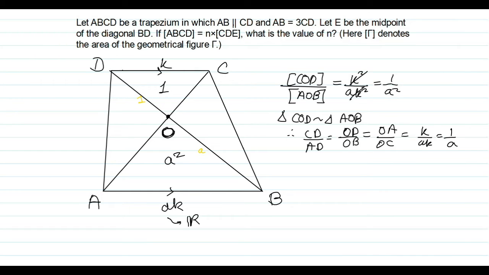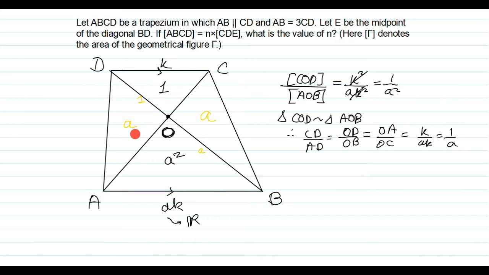So the area of triangle COB would also be A. And by the same logic, the area of triangle DOA would also be A. The base CA of this triangle has been divided in the ratio CO is to OA, which from our similarity criteria is again 1 is to A. Therefore, the areas of COD and DOA are in the ratio 1 is to A.